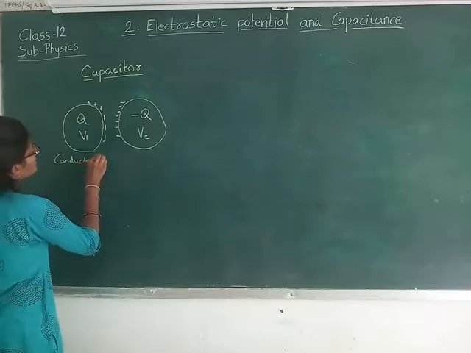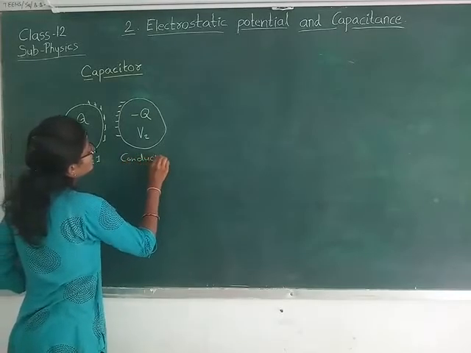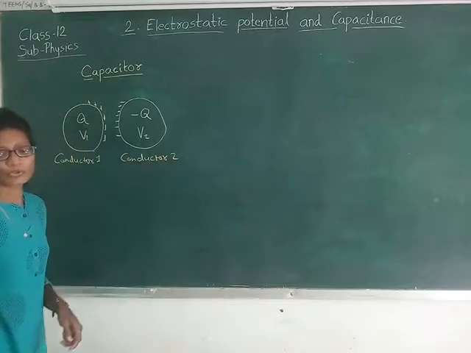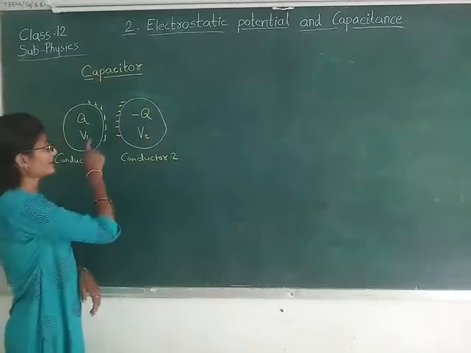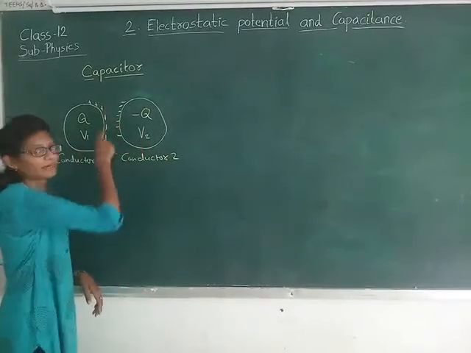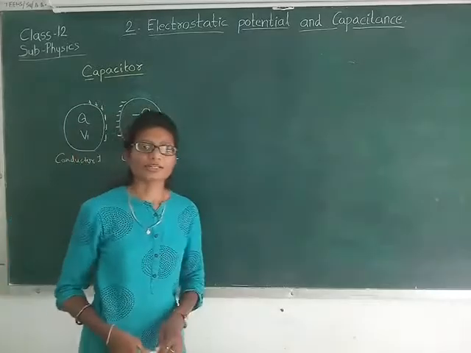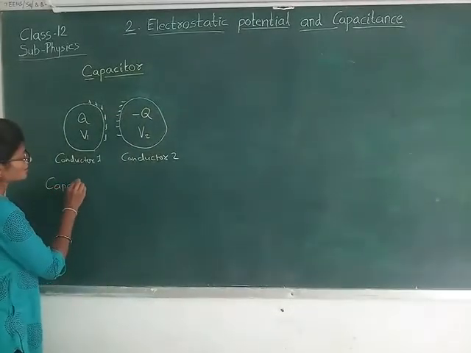Here we are having two conductors, conductor 1 and conductor 2. So a capacitor is nothing but a system of two conductors that is separated by an insulator. So capacitor is what?